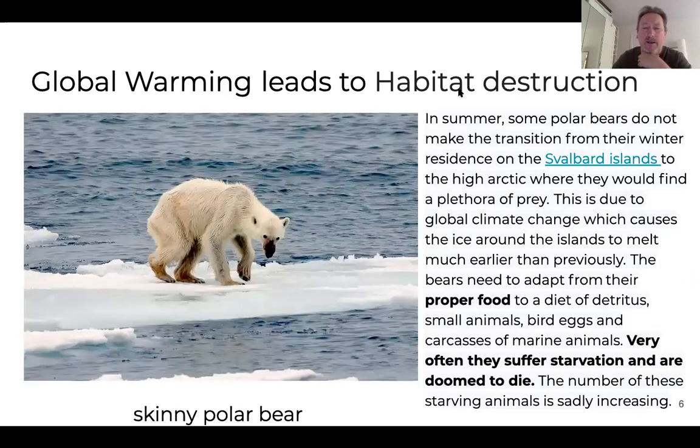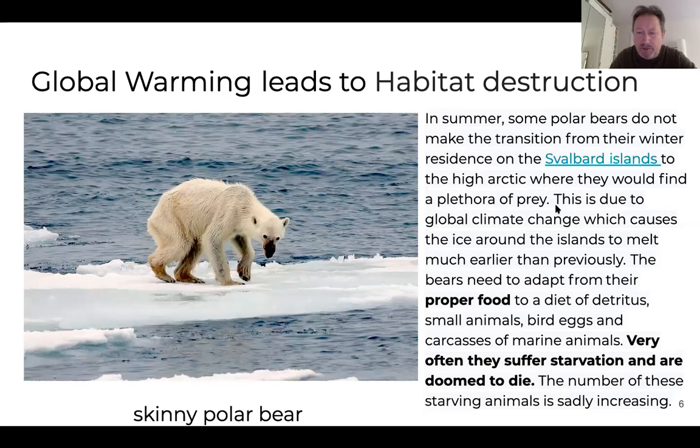Then global warming leads to habitat destruction. You see the picture of a skinny polar bear. This is a very poor animal, and in summer some polar bears do not make the transition from their winter residence in the Svalbard Islands to the high Arctic, where they would find a plethora of prey. That means a lot of food.